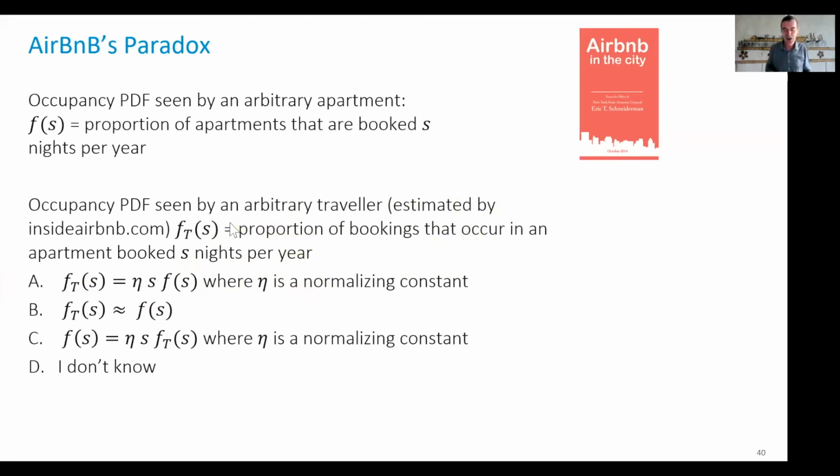In the extreme case where people would spend exactly 1 night in every apartment, we would find exactly the answer A here, because an apartment that is booked, for example, 40 nights, we would have 40 answers. So we would find this exactly. To find the exact answer, of course, we would need to know the duration of stays.